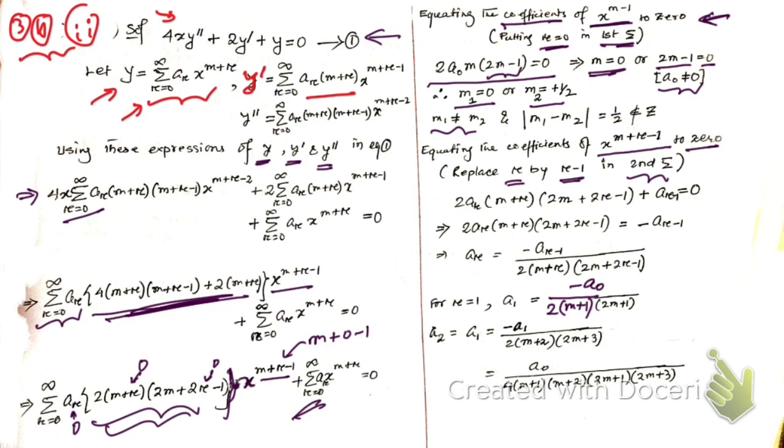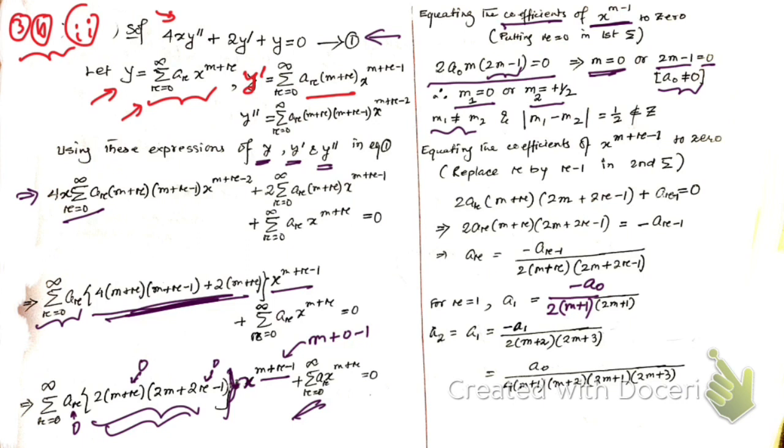Now r should be replaced by r minus 1 in the second summation. If you replace this, then the power of x in this term and in this term both become the same, and then we can take the coefficients equal to 0, right? So we have taken this coefficient equal to 0. What I have written, this is your A r.